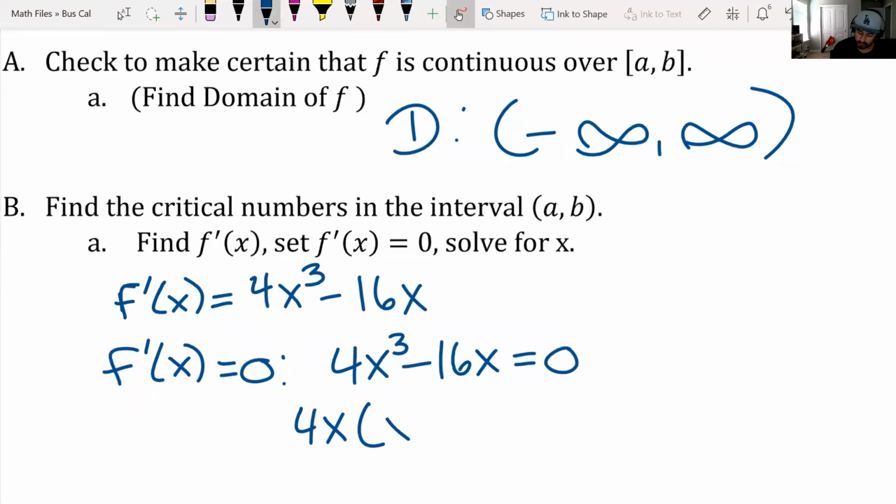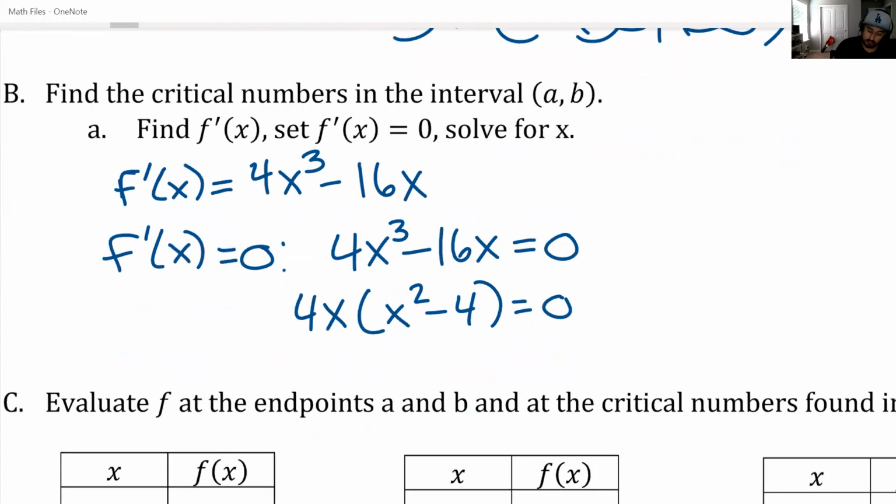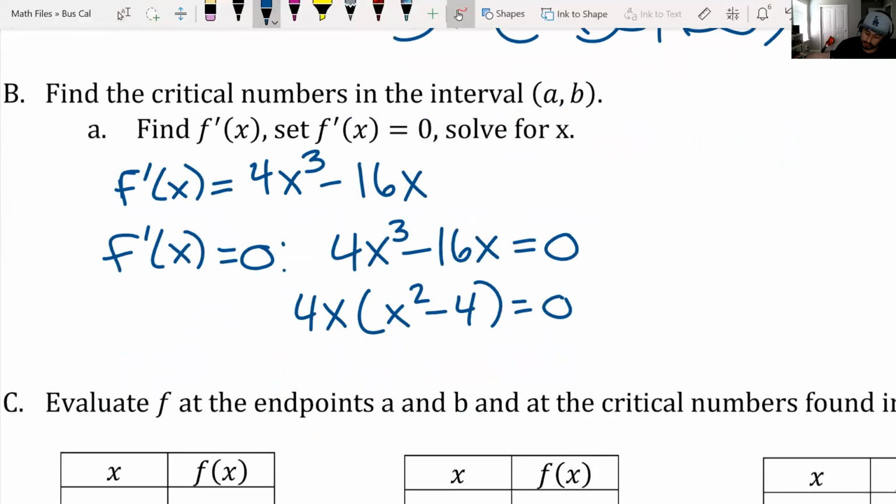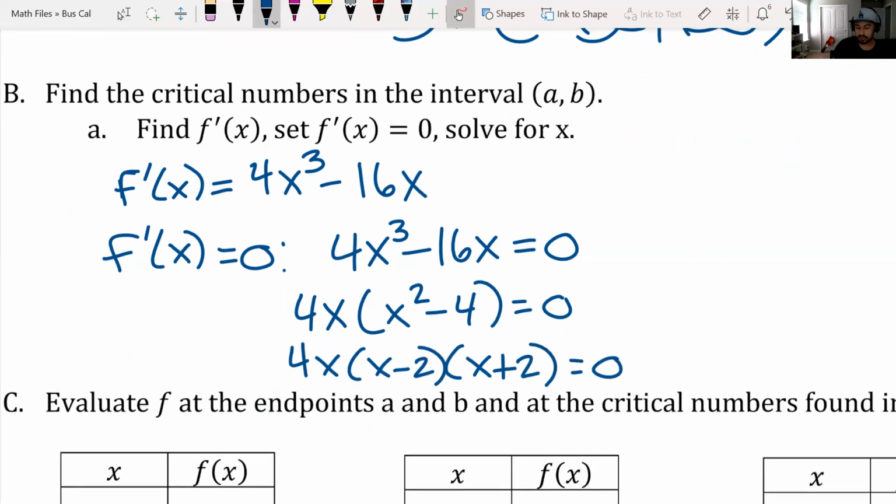That should leave me with x squared minus 4 equal to 0. Factor again: 4x times x minus 2 times x plus 2 equal to 0.